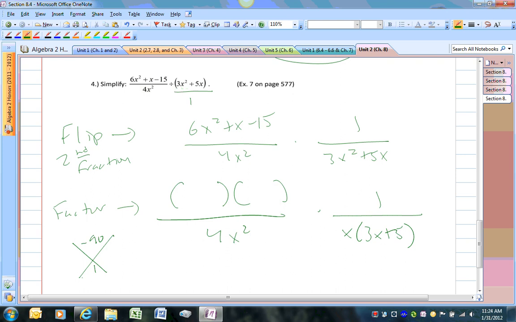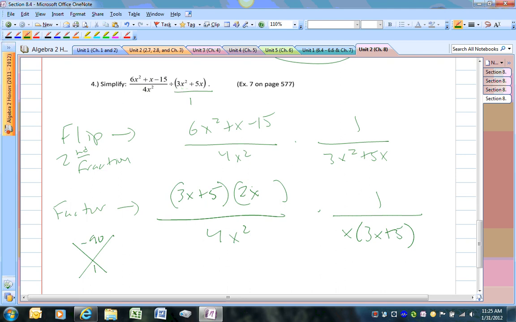So things should naturally go away. So I'm going to assume that I have 3x plus 5 as my first thing I'm going to factor. That means that this has to be 2x. So what do you think the last term is going to be?